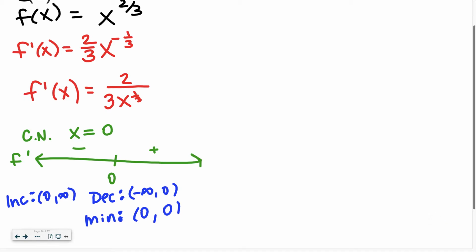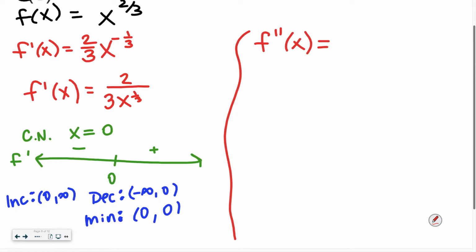If I want to know about concavity, then we need the second derivative. Well, do you want to take it from this right here? No. Let's come back to this unsimplified version, right? And let's take the derivative from here with the power rule, okay?